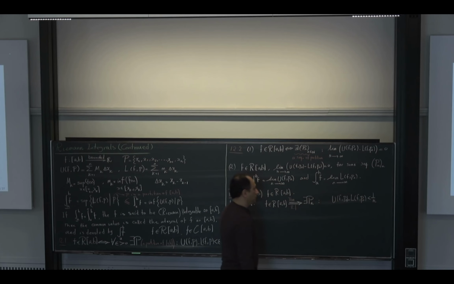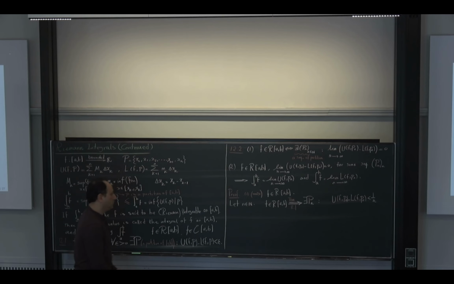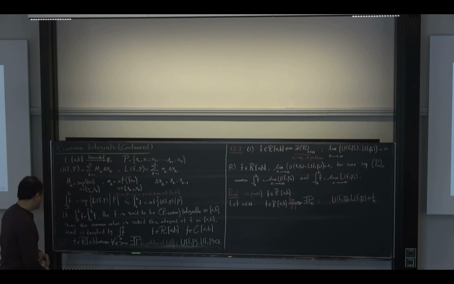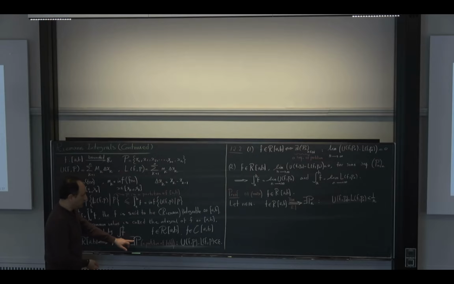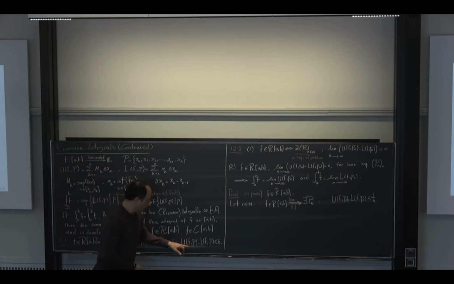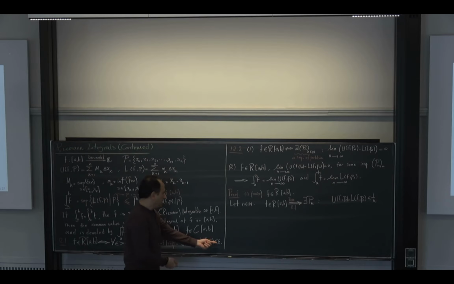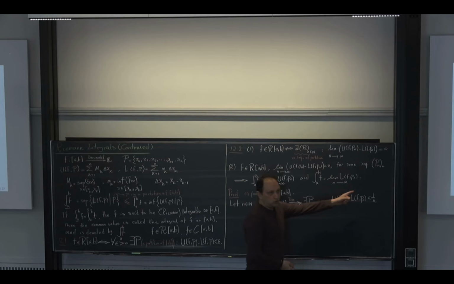Do you agree with what I have written? I just want you to understand that what I have written is true based on 12.1. Because this tells me that for every epsilon, you can find a partition with this difference less than that epsilon. But now instead of epsilon, I am using 1 over n. 1 over n is also a positive number.